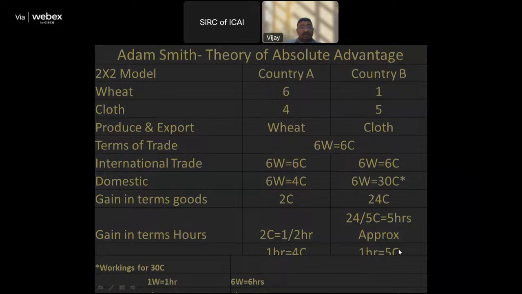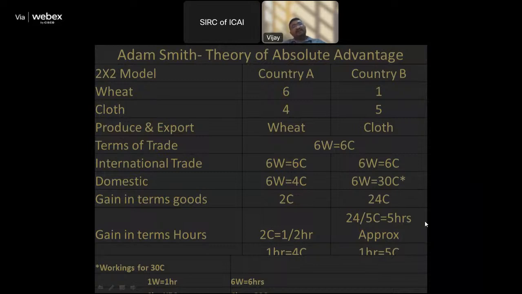In 1 hour I am able to produce 5 cloth, so the gain in terms of labor hours will be approximately 5 hours. This is the Adam Smith theory of absolute advantage.